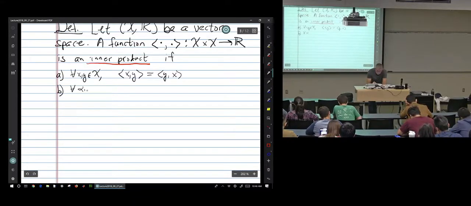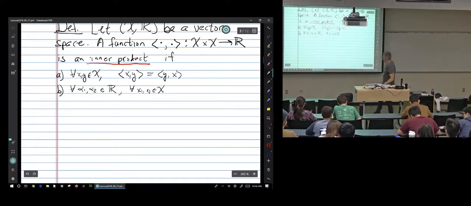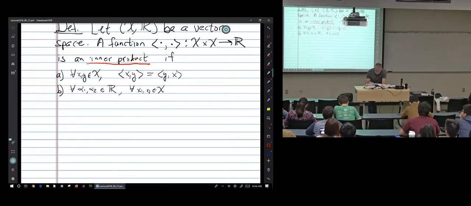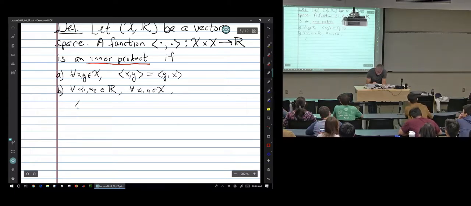For every pair of scalars in the reals here, I'm doing the reals, and for every pair of vectors, and I'll call them x1 and x2 here, and I'll put subscripts so you don't think I'm squaring anything because we're going to be doing squares a little bit. Okay, we have the following. I do this sum.